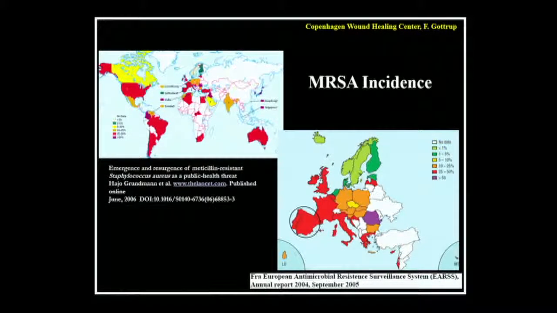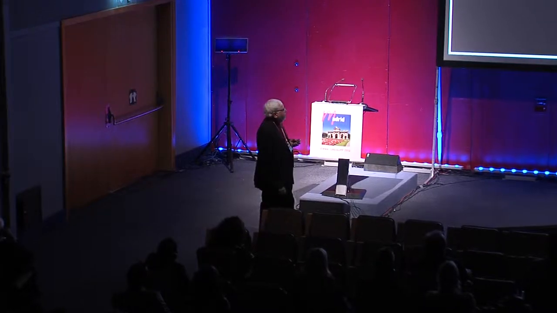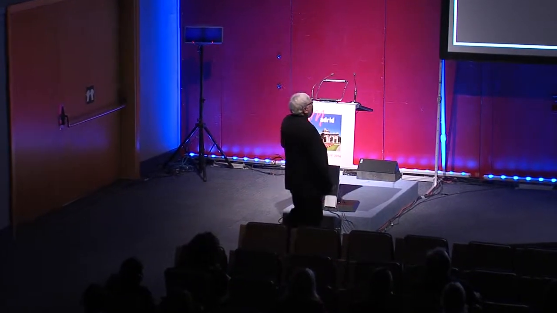But if you're looking at, for instance, where I'm coming from, Denmark, or Scandinavia, you can see it's still lesser than 1%, or about 1%. That means we can isolate our patients with MRSA, but if half of the patients have MRSA, you cannot isolate them. So it's much more difficult actually to combat that.